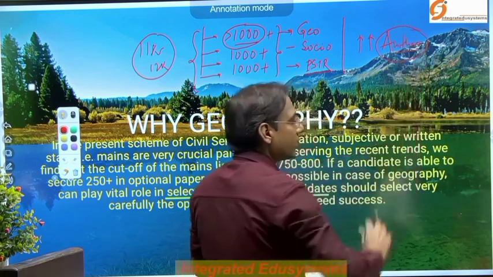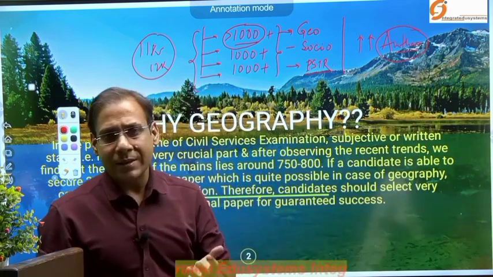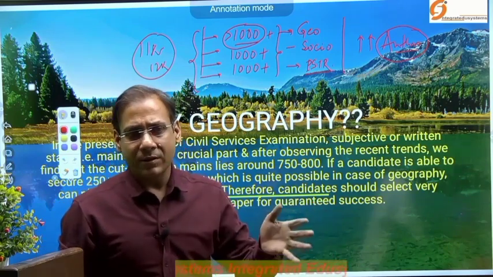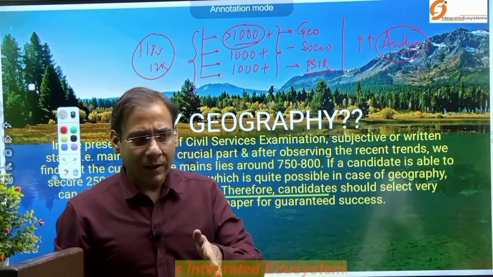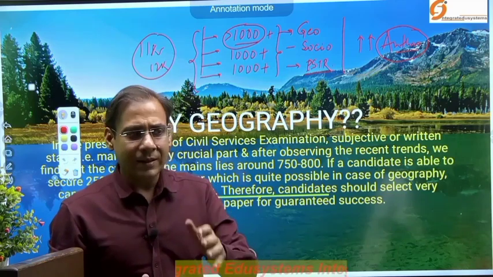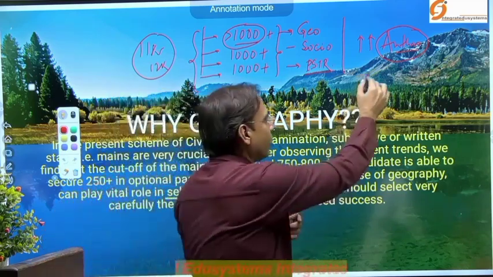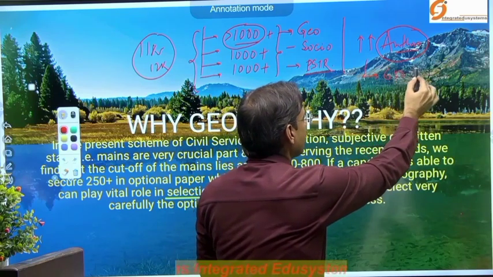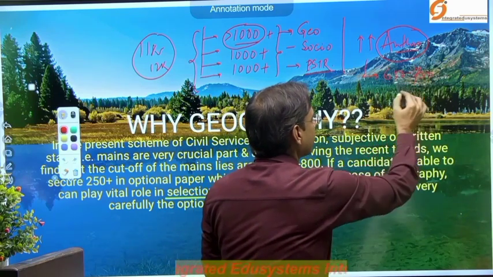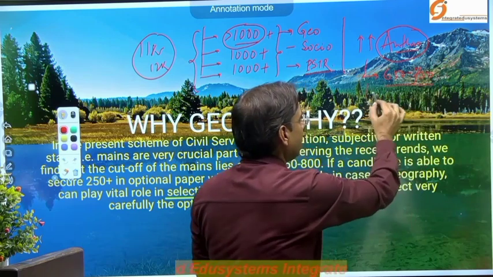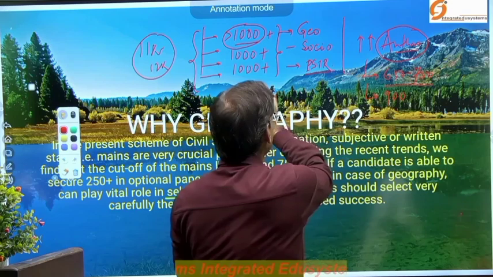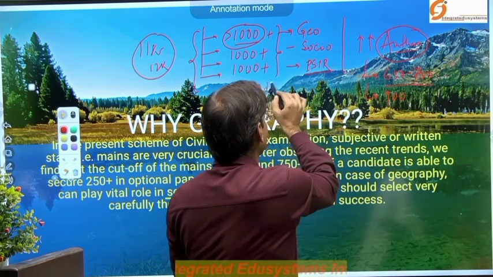Before 2005, anthro was a decent optional, but after 2007 there was a declining trend. Again anthro is rising, but the number of candidates from anthro lies between 650 and 750. From Hindi literature, 900 students, and from history almost 1000 or 1000 plus.